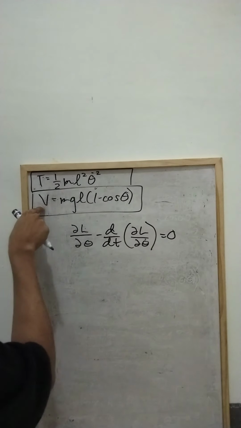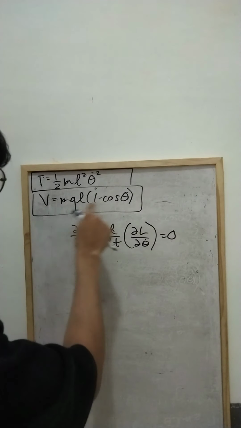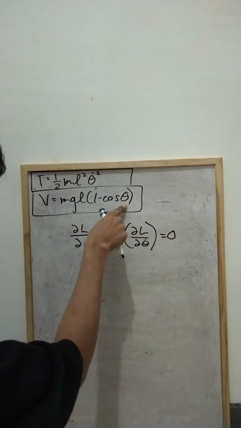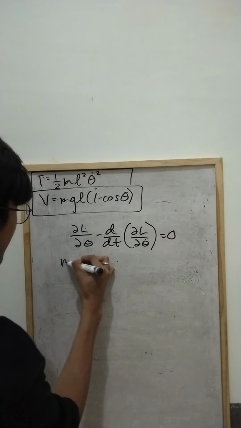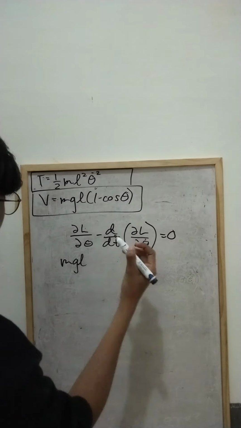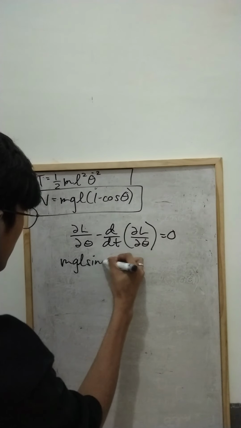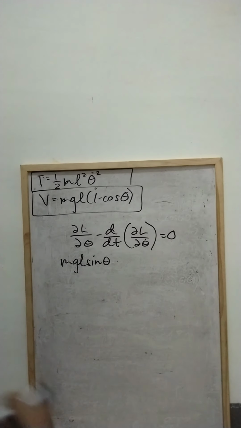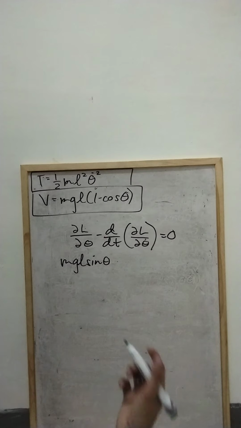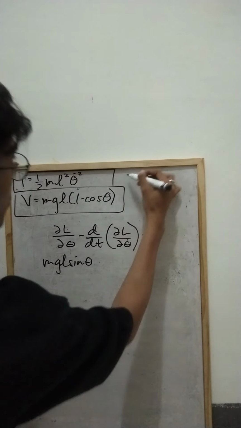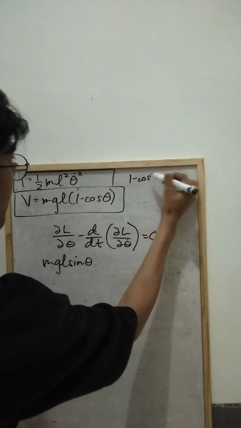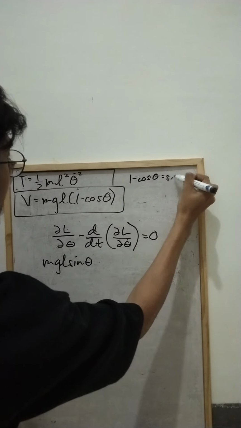Now, we can see that potential energy here has 1 minus cosine theta. Thus, we can get the partial of it. So, by getting its partial, we get mgL of sine of theta. Now, why is that? Why did it become sine from 1 minus cosine theta? We must recall in trigonometric identities that the derivative of 1 minus cosine theta is just equal to sine of theta.